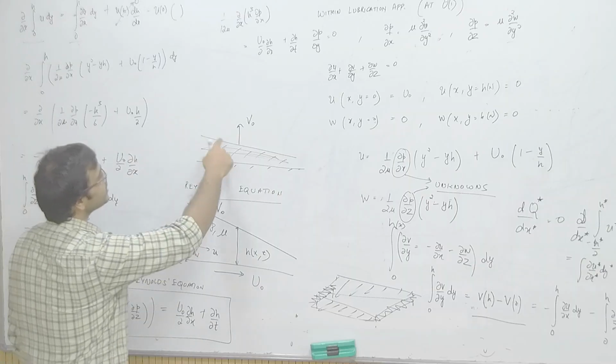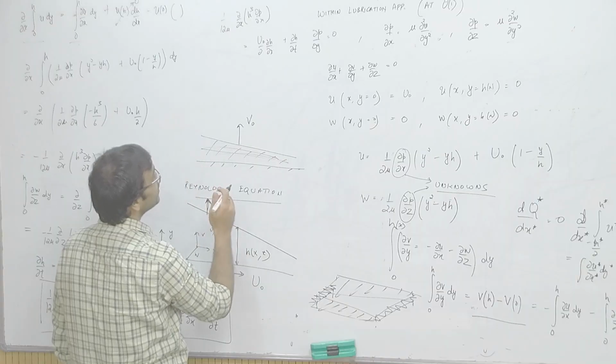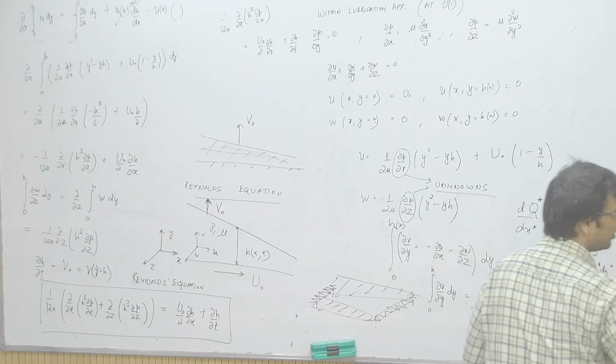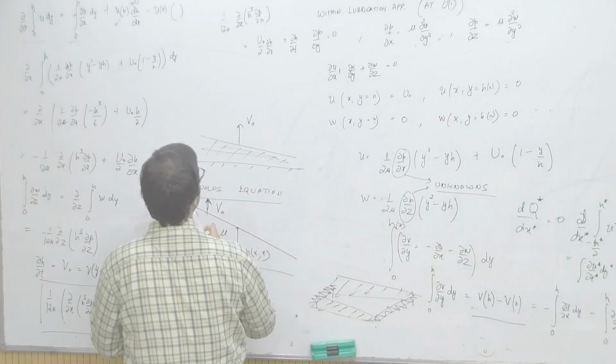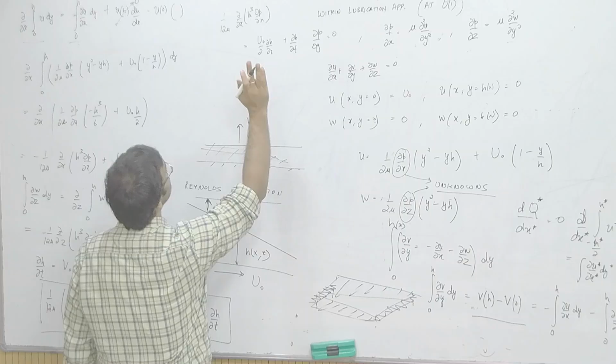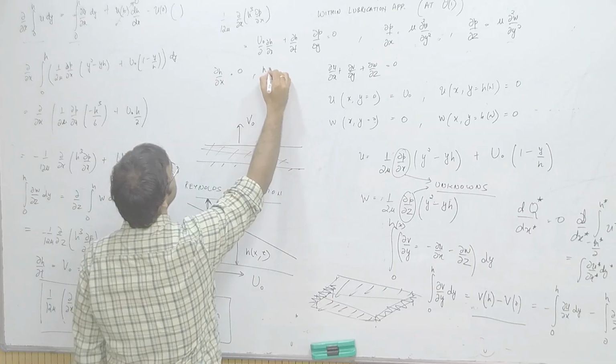So, let us assume that the variation is linear, or even not linear, let us do it for a constant h. So, let us say h is constant, so del h over del x is 0. H is some h naught.